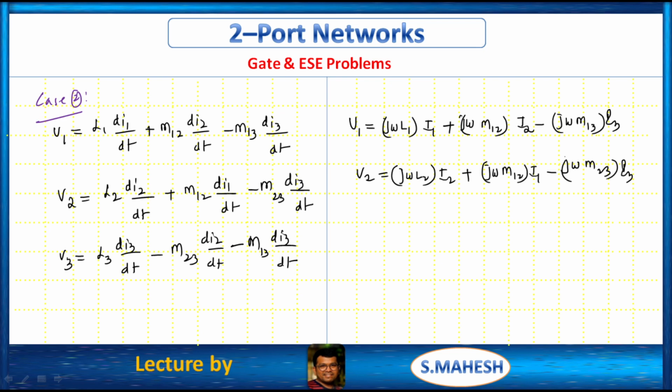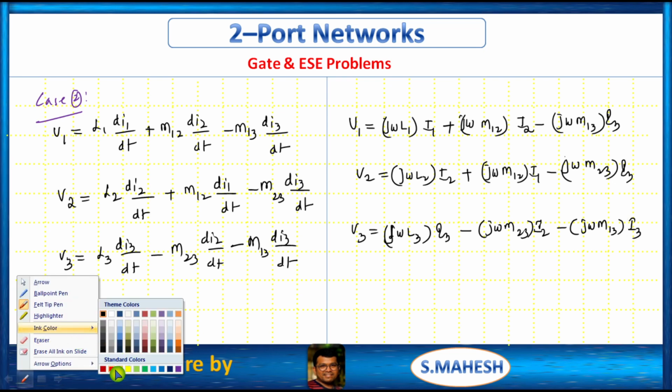Just by seeing this, we can write V3 equals j omega L3 I3 minus j omega M23 into I2 minus j omega M13 into I1. That's it.